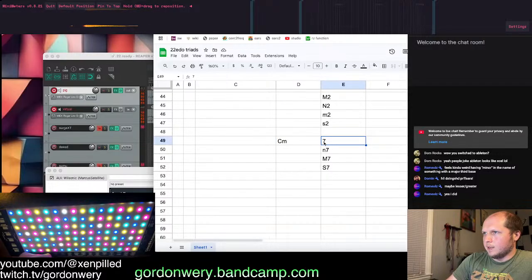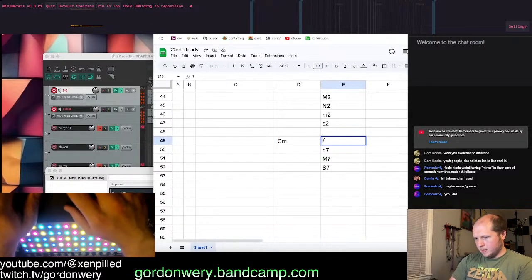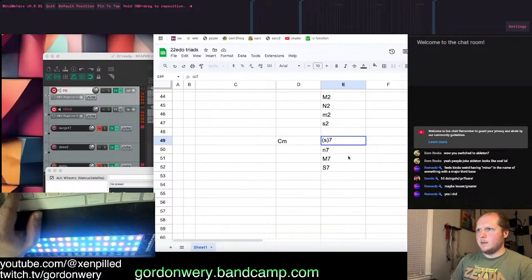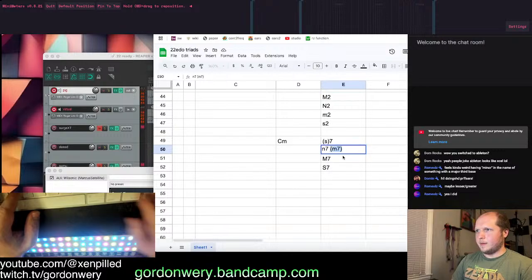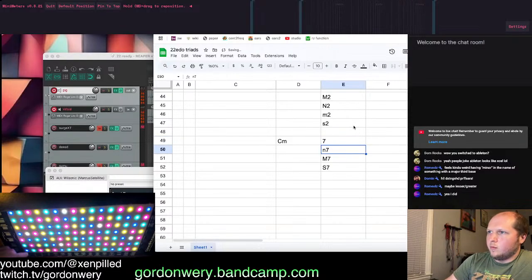So like this can sound really subdiminished. So maybe I'll just put it in parentheses. And in certain contexts this can sound minor, like minor 7. But it's sort of like, I don't know. For the sake of consistency, I think you could get used to the occasional weirdness.